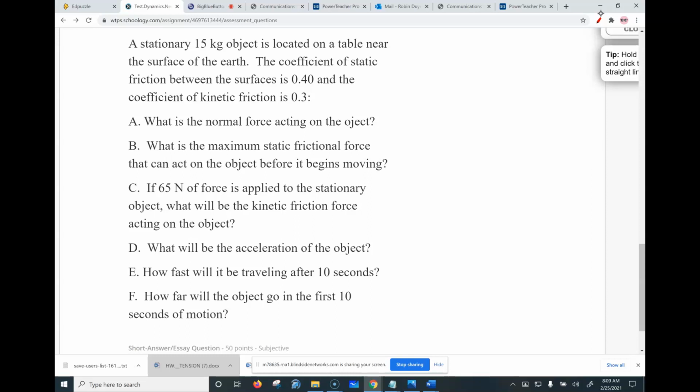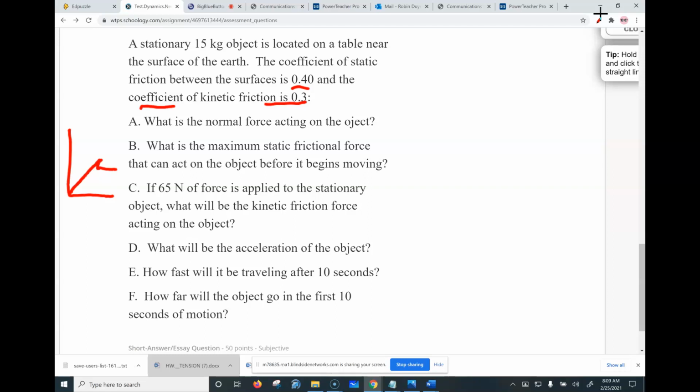The kinetic friction is lower. That's why our coefficient is lower than our static friction coefficient. That's what we did in our lab. Remember how in the graph, our static friction kept getting bigger and bigger until finally you get this object to move, and then it drops down, and then my kinetic friction is going to be less.